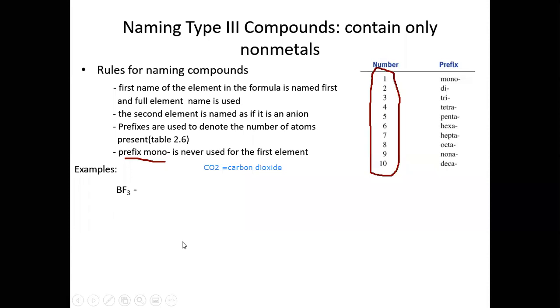So BF3, we have 1 boron and 3 fluorines. Since fluorine is listed second, it's going to get the name of its anion, and it's going to use the prefix tri. So this becomes boron trifluoride. Again, notice that there's only nonmetals in the formula. NO doesn't spell no, we have nitrogen and oxygen. Since oxygen is second, it's going to be the anion oxide in the name. So nitrogen monoxide.